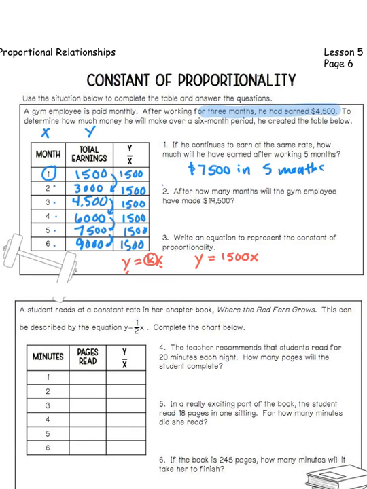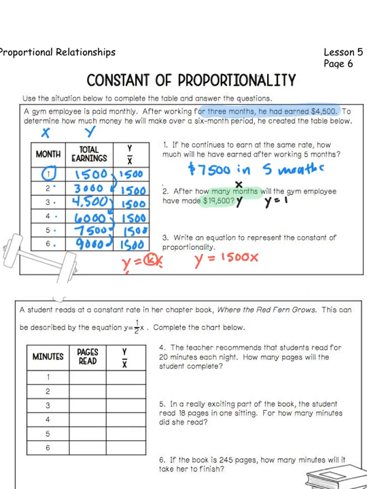So let's go back and reread the question. It says, after how many months will the gym employee have made 19,500? And as I look at that, I'm noticing that the months are the x value and the 19,500 is the earnings, the y value. So let's put this together in an equation based on what we wrote in lesson number 3.